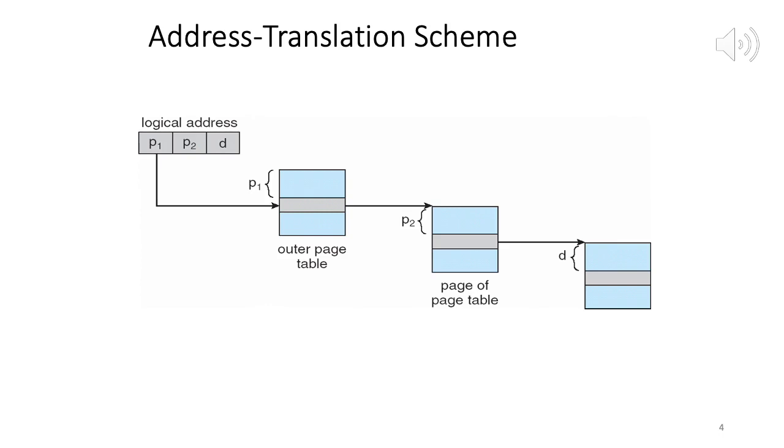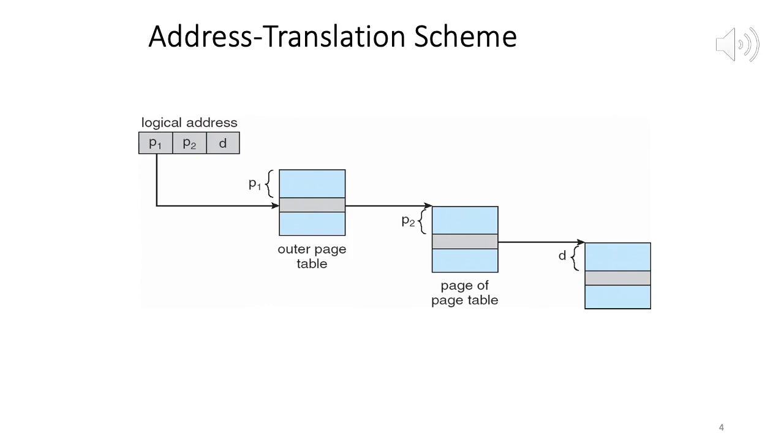Now I am on slide 4, and we see a picture that shows the address translation scheme for a two-level page table. In a single-level page table, the original one we discussed, we have only one page table, stored contiguously in memory. When that is not possible, we have a two-level page table.